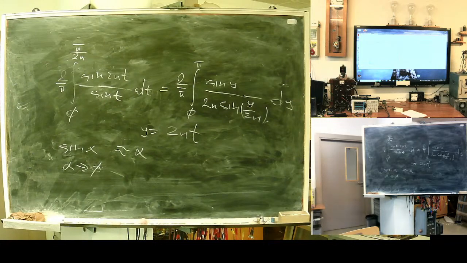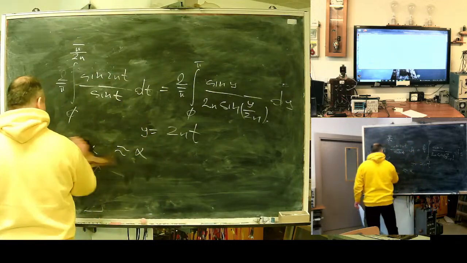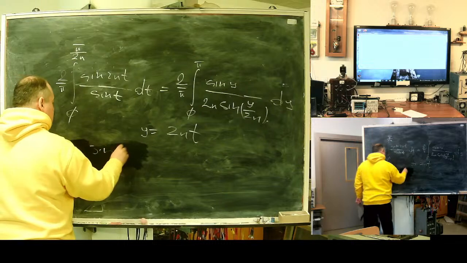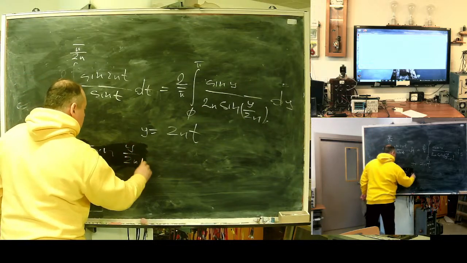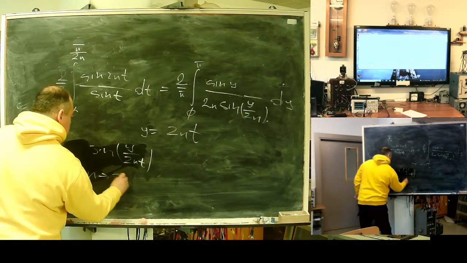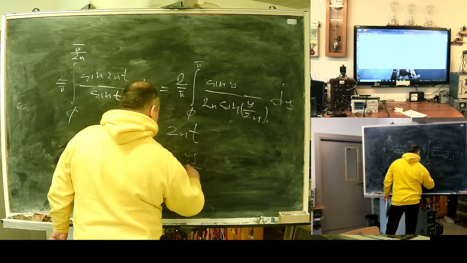If I have large n, I can substitute sine of y over 2n, when n goes to infinity, as y over 2n.